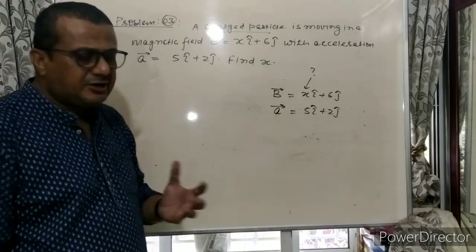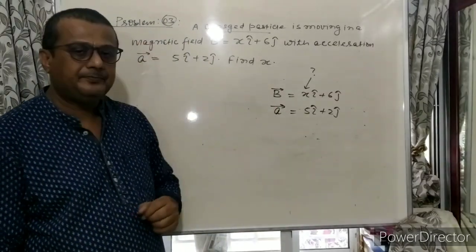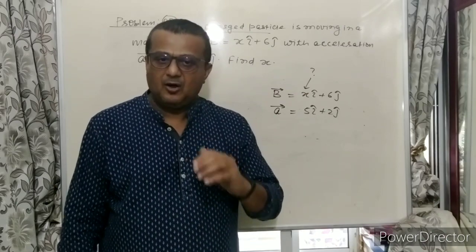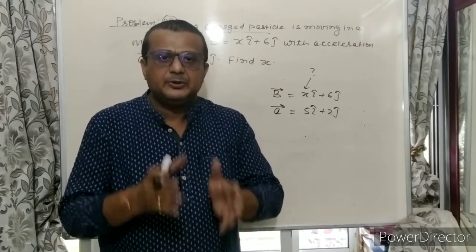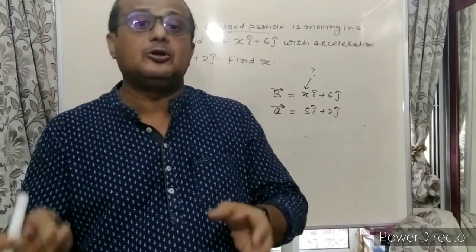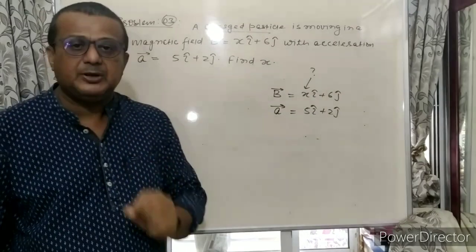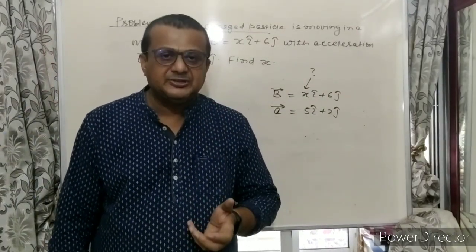So we should find some relation between B and A, because force is not given, charge is not given. But of course it is dependent on magnetic Lorentz force, because there is a relation between magnetic field and acceleration in Lorentz force. What will be its relation?